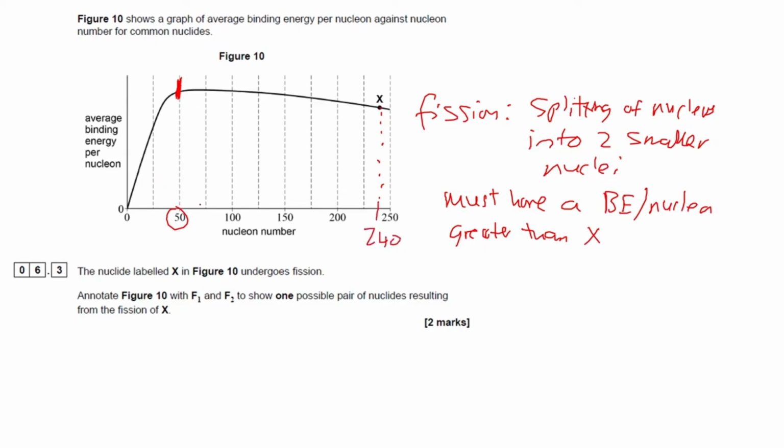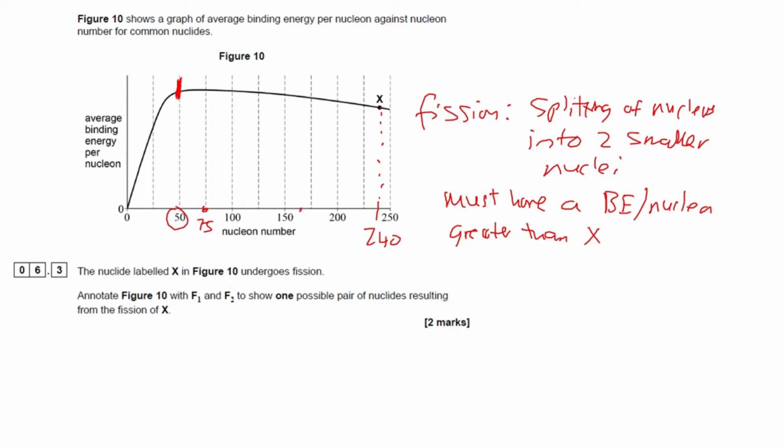So for example, if I picked around 75 for F1, then F2 has to be around 165, roughly around here.